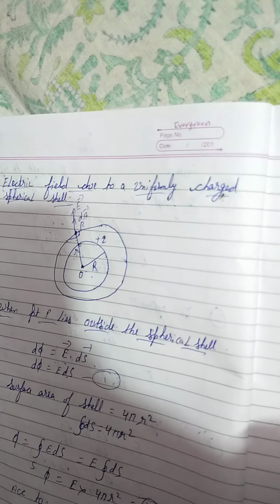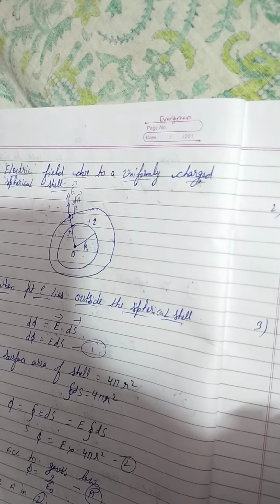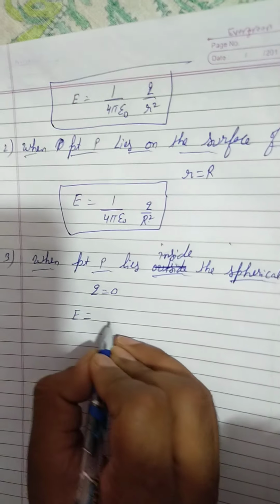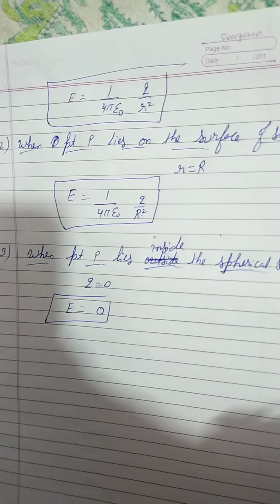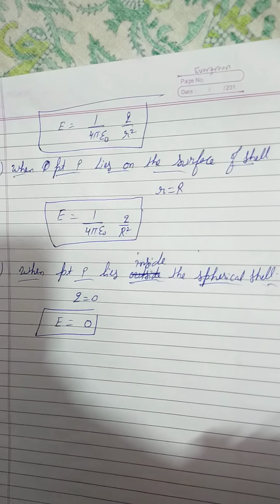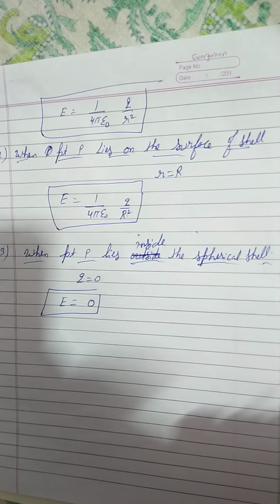In such cases the Gaussian surface through the point P will not enclose any charge, so Q equals 0. When Q equals 0, the electric field inside the spherical shell equals 0. So these were the formulas when the point P lies outside the spherical shell, inside the spherical shell, and on the spherical shell.